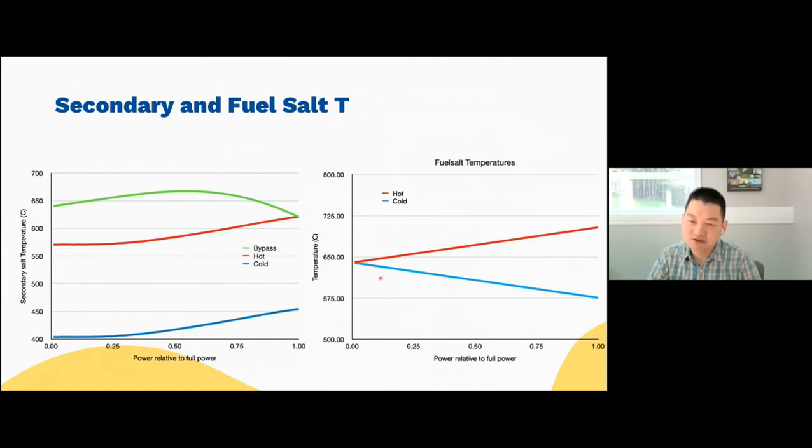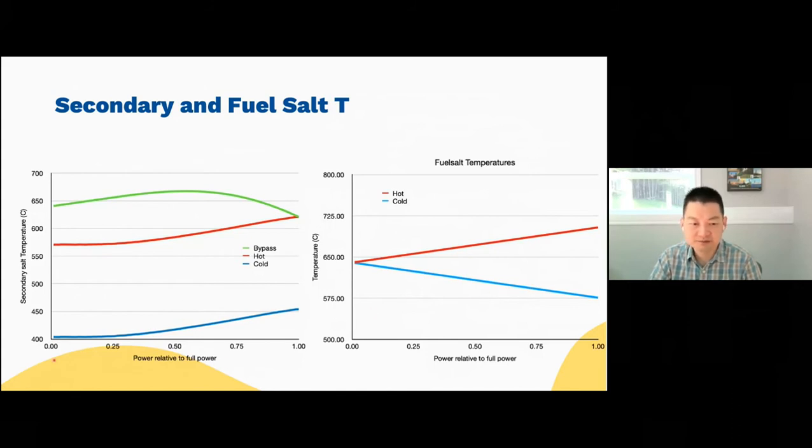But going back to the fuel salt temperature, as you can see, at 0 power, there's almost no temperature difference between the hot and cold leg. But when you increase power, remember the fuel salt pump speed is constant, so the flow rate is constant. So the temperature difference will increase, and temperature will change. It automatically follows. With this temperature change, the reactivity will change, and the power will change.